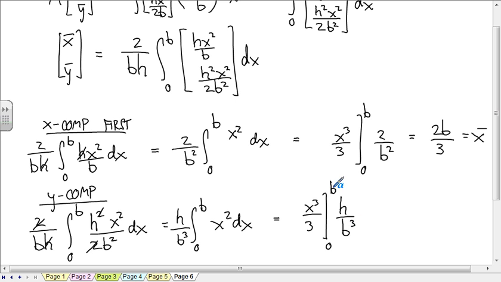And so we have b cubed times h over 3b cubed. All the b's cancel, and we're just left with h over 3 is the y centroid.